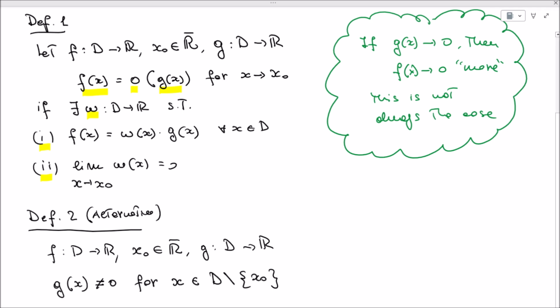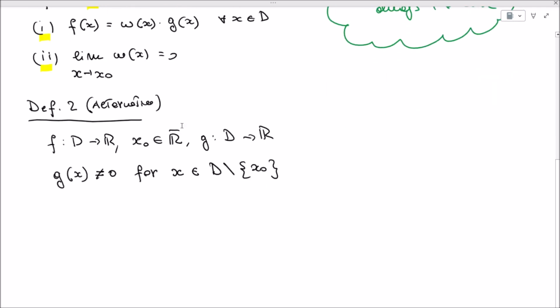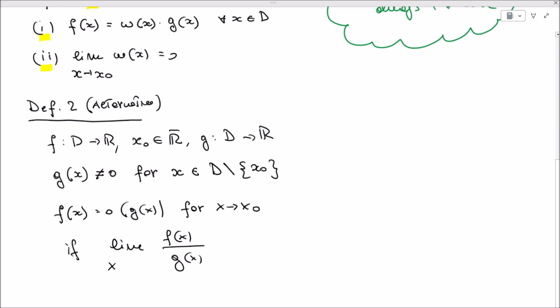So in the domain of definition D, except x naught, g of x will be different from 0. Then we can say that f of x is equal to small o of g of x for x that goes to x naught if the limit of f of x divided by g of x as x goes to x naught is equal to 0.